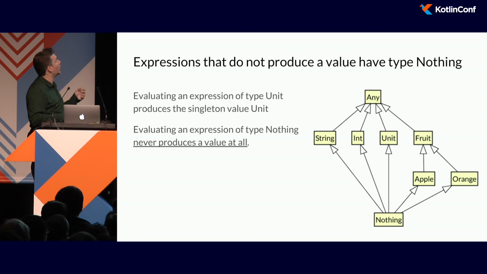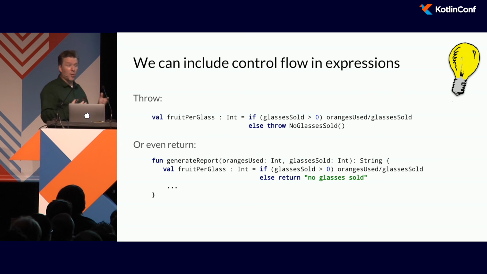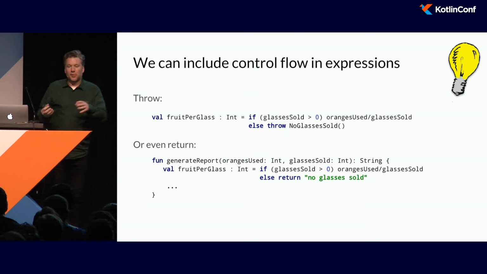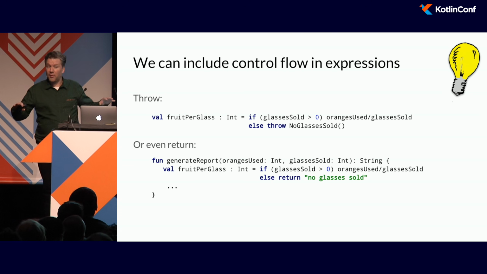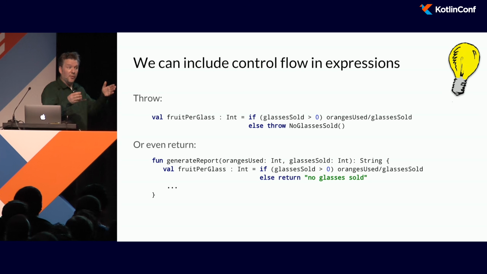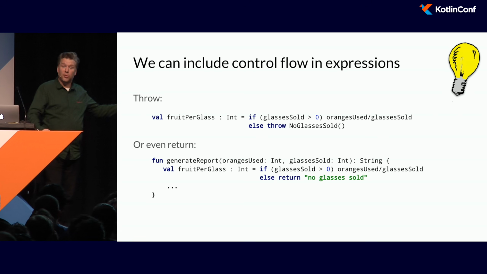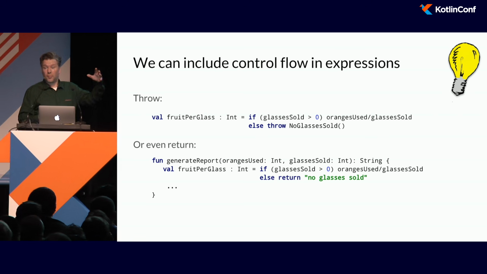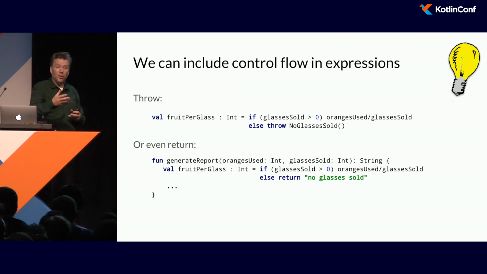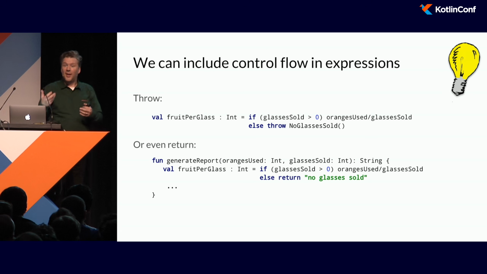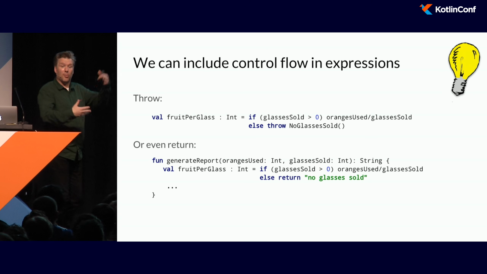Here are some examples. The throw expression throws an exception and immediately interrupts the evaluation of an expression, but is itself an expression of type Nothing because it never actually produces a value. Because Nothing is the ultimate subtype of all types, I can include an expression of type Nothing in an expression that will calculate some other type.